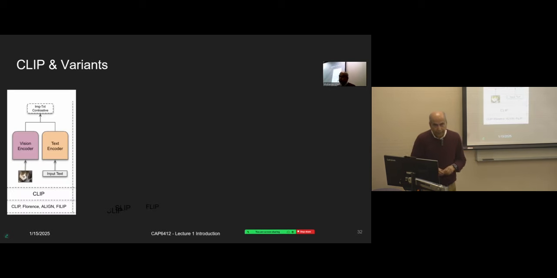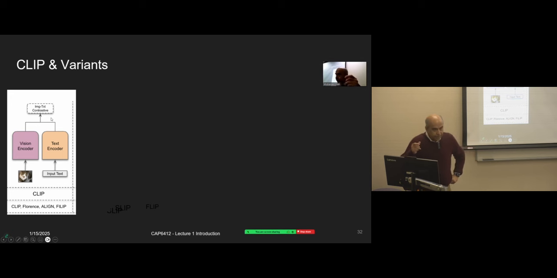So CLIP was a beginning, and then there are lots of other variations of CLIP, right? As you see, what we have is the input image, input text, a vision encoder, a text encoder, and we learn this using contrastive learning.